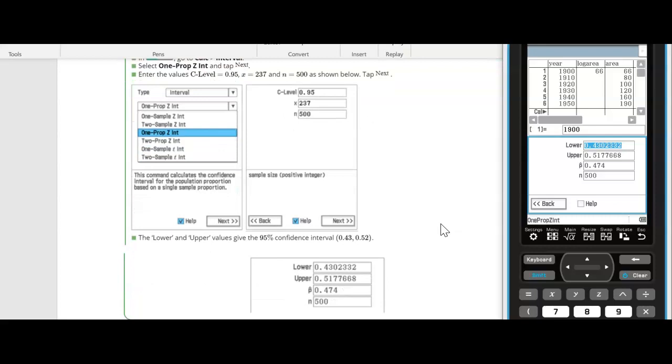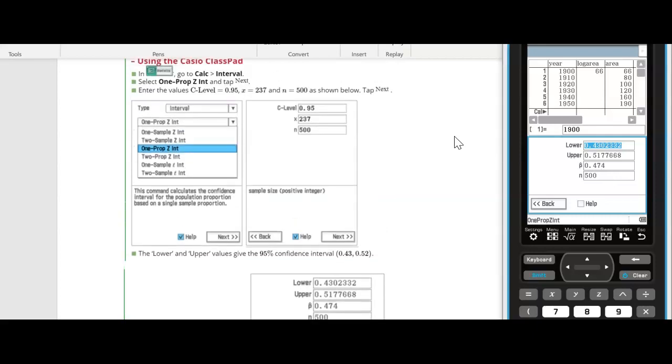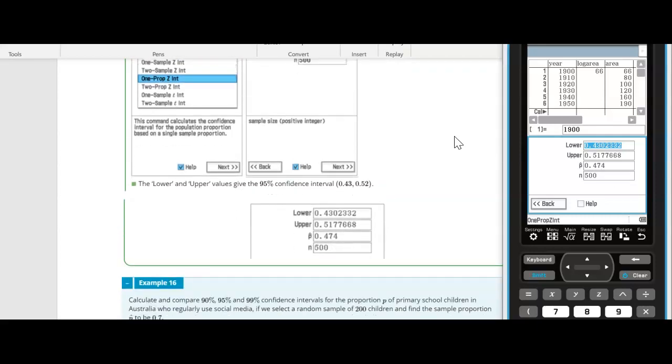If I scroll down, we've got a 95% interval between 0.4302 and an upper limit of 0.5178, if you were rounding that. p hat is 0.474 and n is 500. So you could do it that way also to get your lower and upper limit. Instead of having to calculate p hat, it's calculated for you. That's just 237 over 500.